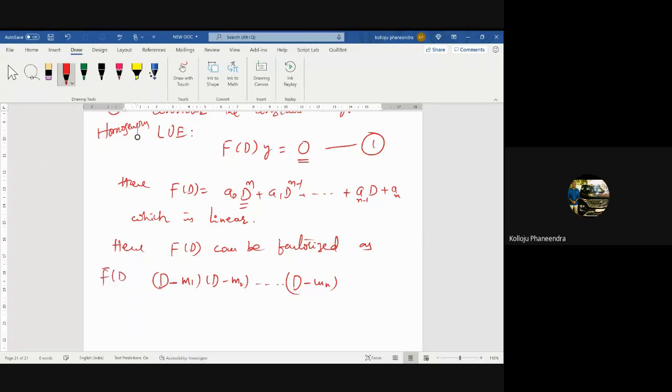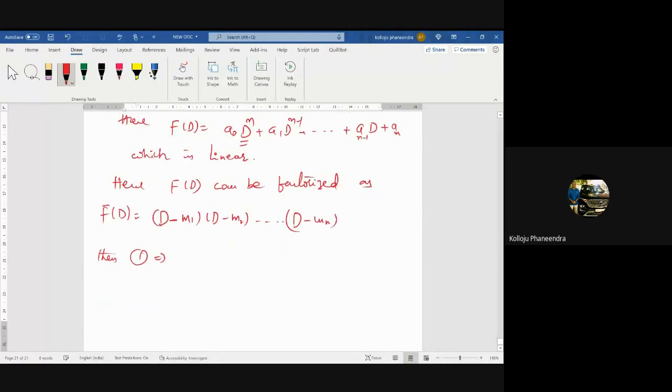Then what does equation 1 become? D minus m1, D minus m2, and so on, D minus mn into y equal to 0.